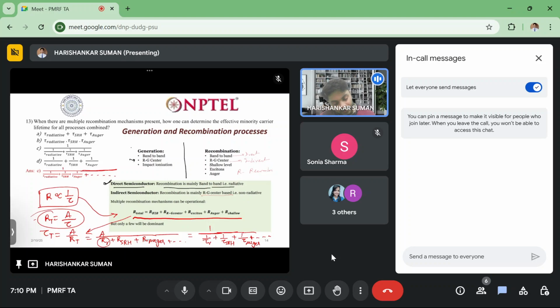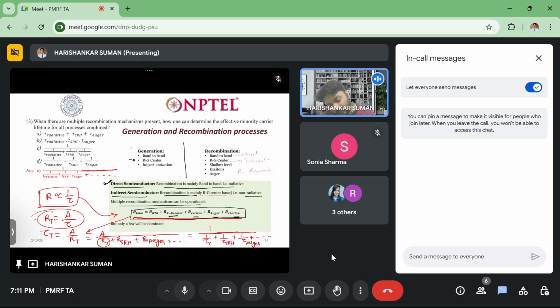But in indirect materials like silicon, recombination is mainly through RG centers, non-radiative, and multiple recombinations can happen.